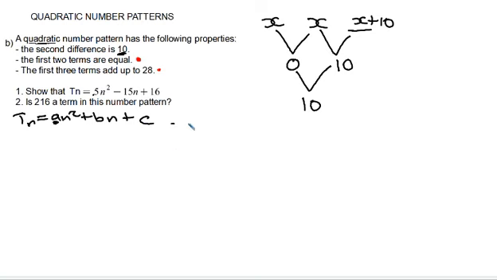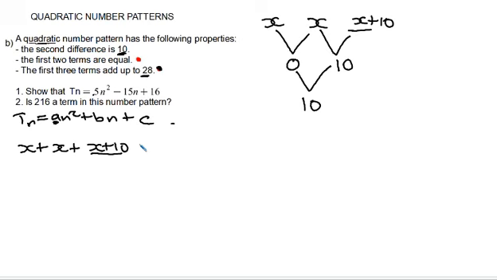For you to be able to do that, you first have to determine the value of x here. So how do you determine the value of x? We are making use of this property here. The first three terms add up to 28. So we are simply saying x plus x plus x plus 10 is equal to 28. These are the three terms.